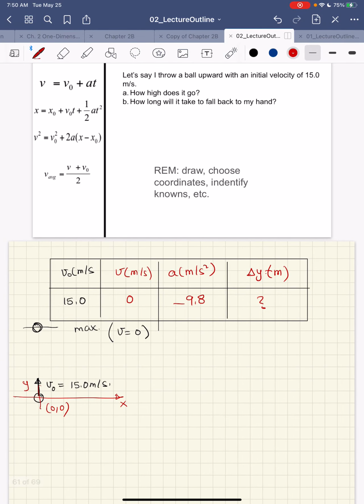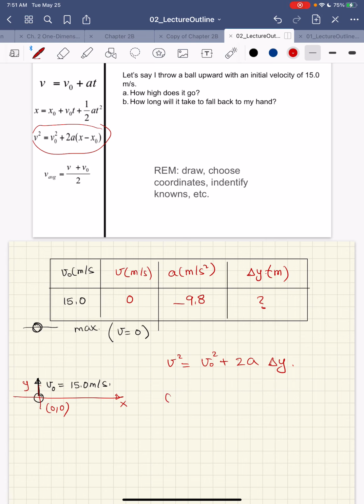If you look carefully at the equations, this is the one that I'm going to use. Then it is V squared, and I change my X into Y because I am talking about vertical motion.